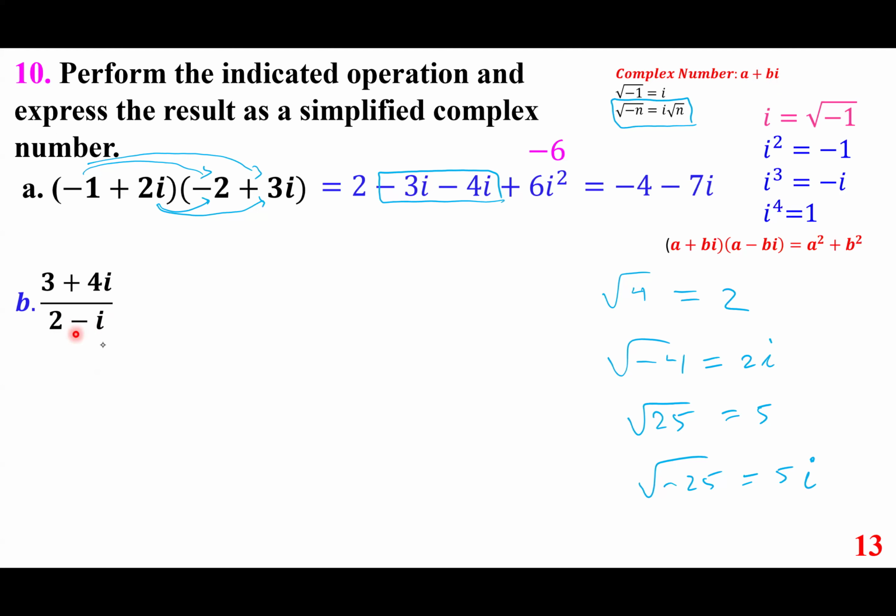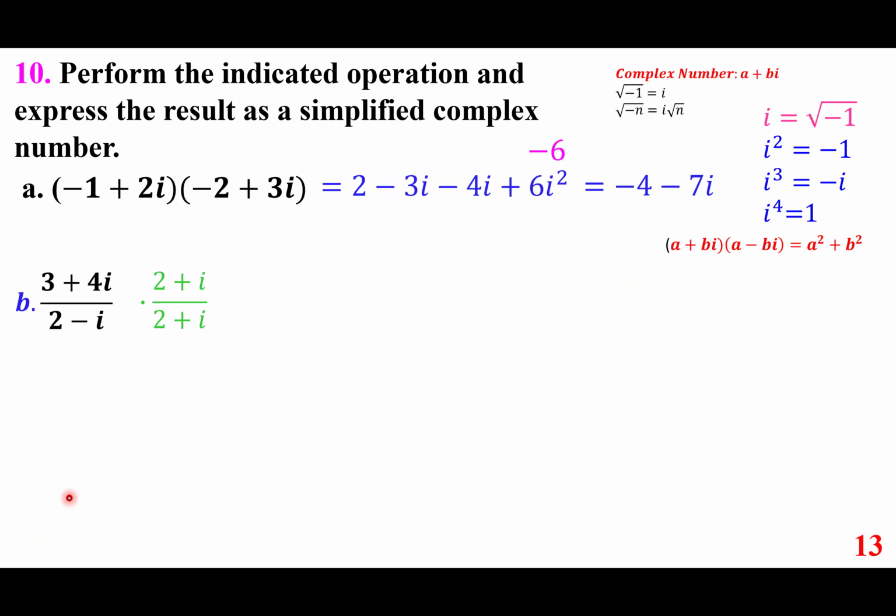So 2 minus i, the conjugate is 2 plus i, so you're going to multiply and divide by it. And because a plus bi times a minus bi is a squared plus b squared, we're going to use that.